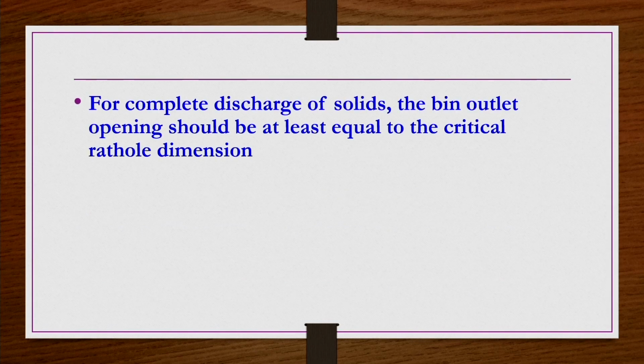For complete discharge of solids, the bin outlet opening should be at least equal to the critical rat hole dimensions. The vertical channel through which the material is going out is known as a rat hole, and it has certain dimensions. You will be surprised to know that the rat hole dimension may be several meters in general.